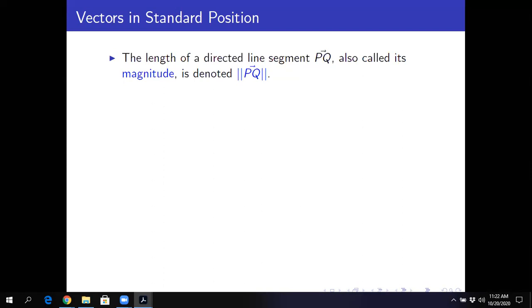Okay, and it's denoted by, like the book uses these two double lines. Sometimes I'll slip into the habit of just using single absolute value lines, but that's talking about the length of this thing, okay? Which is essentially measuring how much movement has taken place along PQ. And we're also interested in direction. We'll get to that shortly.